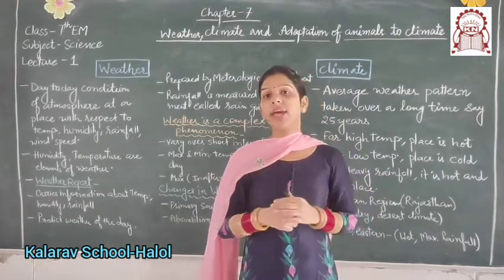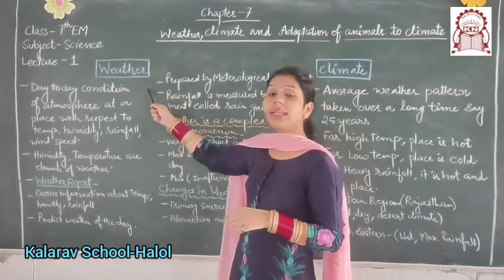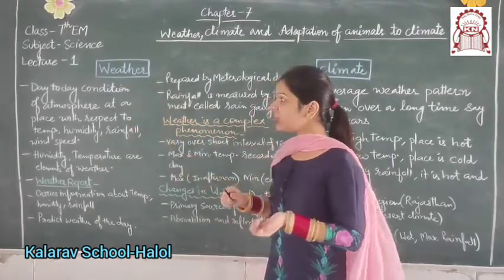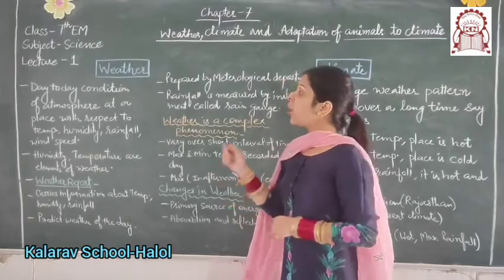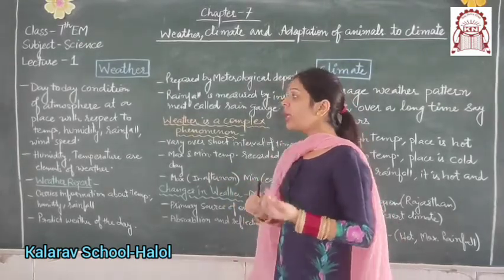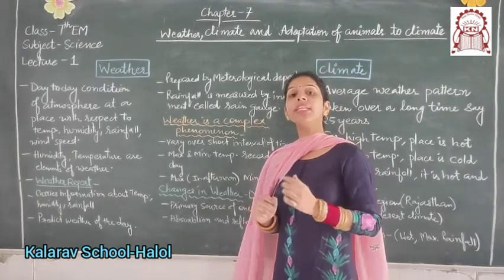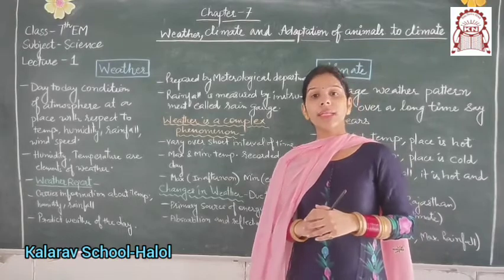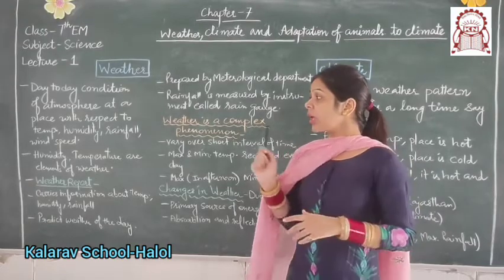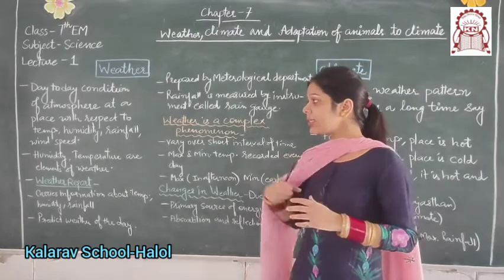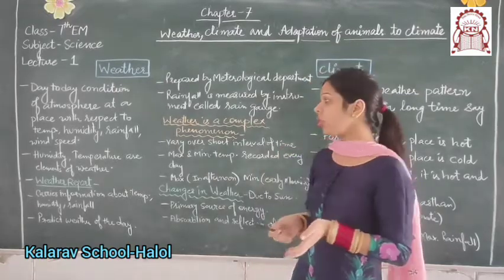So what is weather? Weather is the day-to-day condition of the atmosphere at a place with respect to temperature, humidity, rainfall and wind speed of that place. Weather has certain elements that are called the elements of weather.